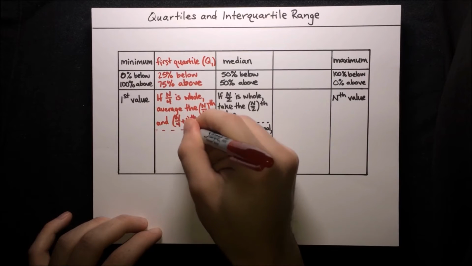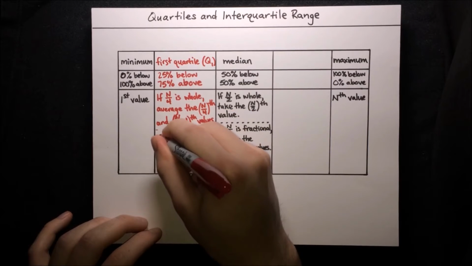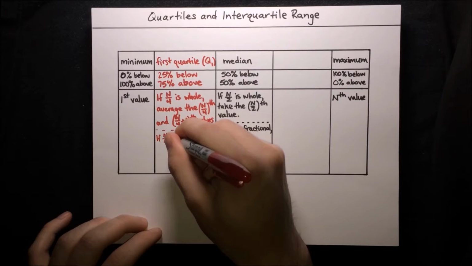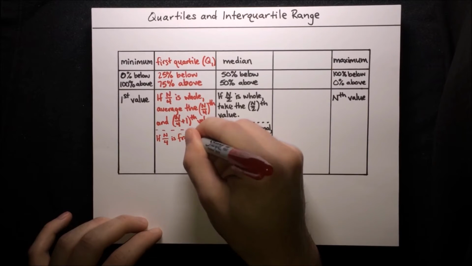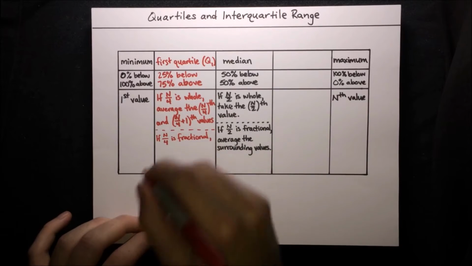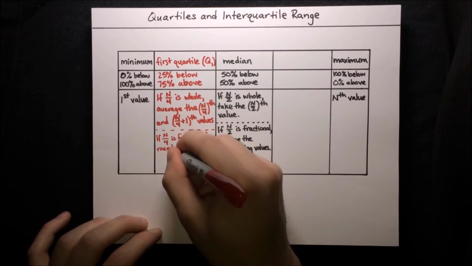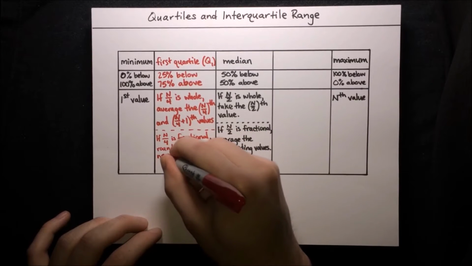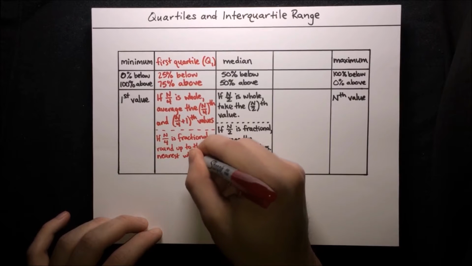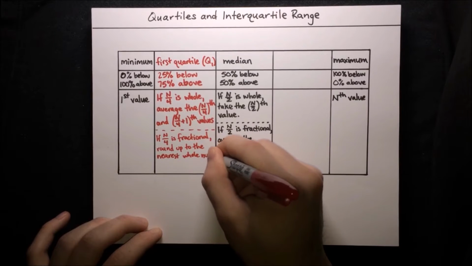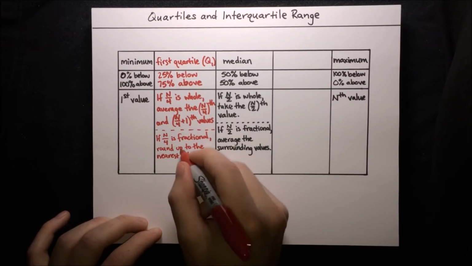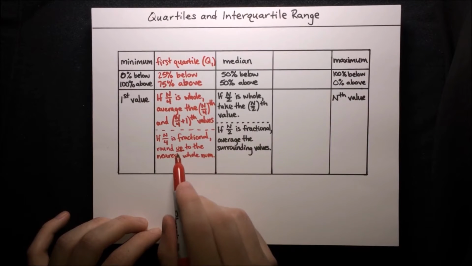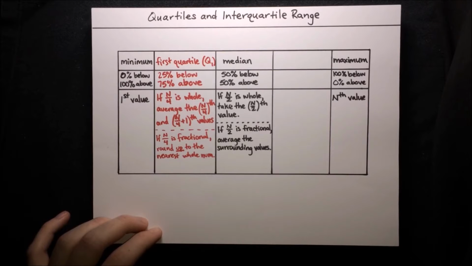On the other hand, if n over 4 is fractional, then round up to the nearest whole number. Let me point out that we're rounding up, never down. Always round up to the nearest whole number. So even if n over 4 is like 2.25, you still round up to 3. Okay, so that's the first quartile.